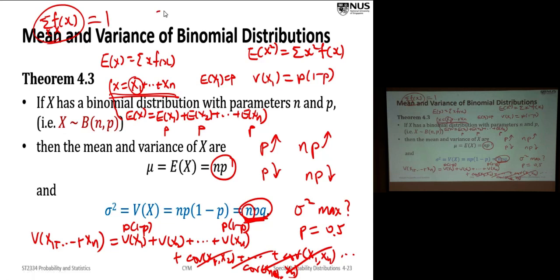So in other words, you can make use of this property: the sum over x from 0 to n of n choose x, p to the power x, (1 minus p) to the power n minus x, is equal to 1. This is very useful. The sum over x of the probability function is equal to 1. This is a property.